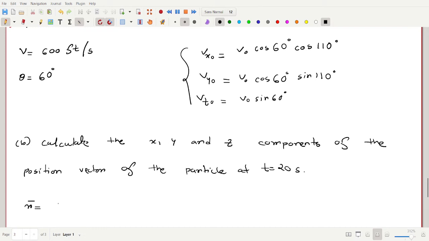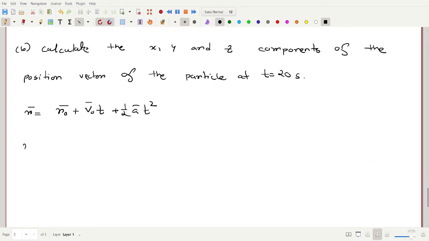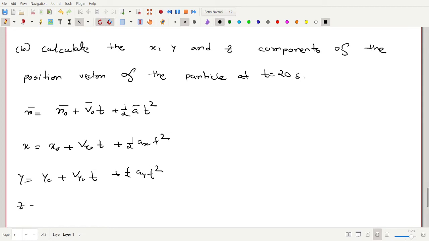We will again use r equals r naught plus v naught t plus half at square. Now we will resolve vectors into components. x equals x naught plus vx naught t plus half axt square, y equals y naught plus vy naught t plus half ayt square, and z equals z naught plus vz naught t plus half azt square.